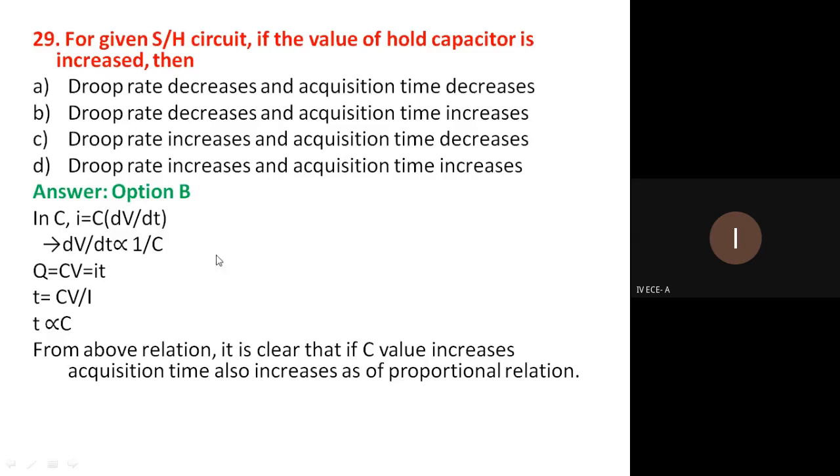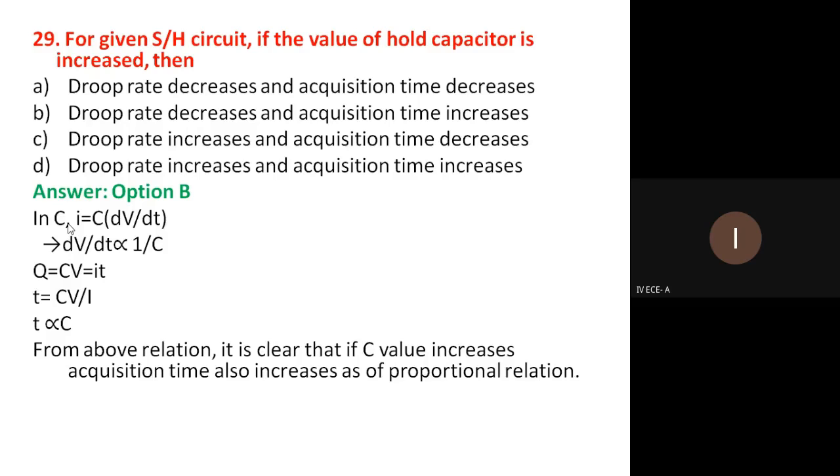In a capacitor, we know that I is equal to C into dV by dt. So dV by dt is directly proportional to 1 by C. Here the charge Q is equal to C into V. It is I into T, the amount of current into time.